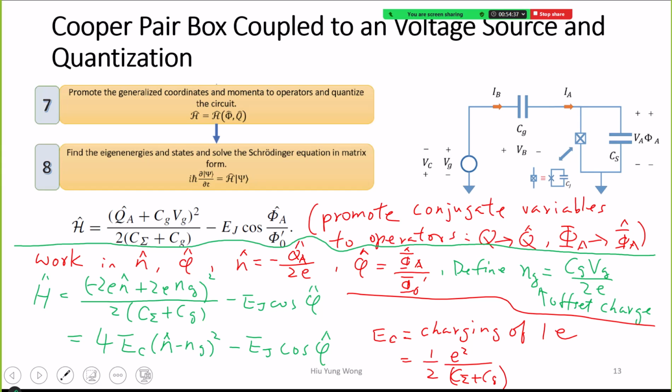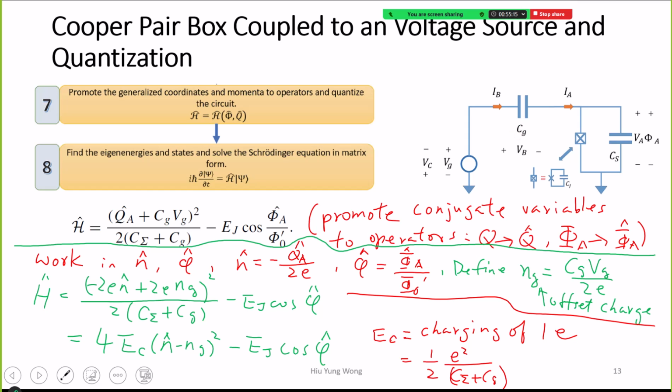No questions? Now, what's the difference? You should feel this is very similar to what we have learned earlier, isn't it? We learned the Cooper pair box without external capacitor. Do you remember that equation? What is the difference between this one and that one? Basically, Ng is 0. In that equation, you don't have Ng, and you have Ng here because of this coupling.